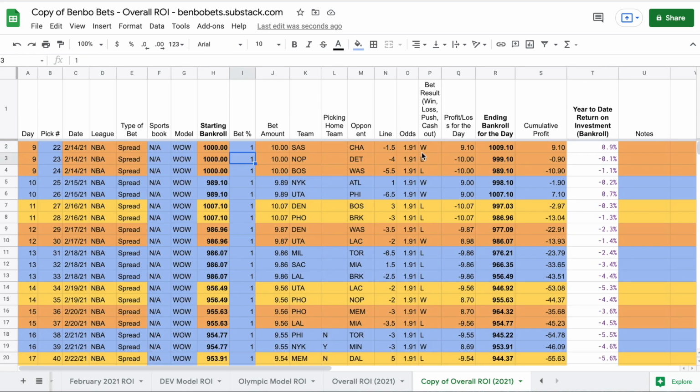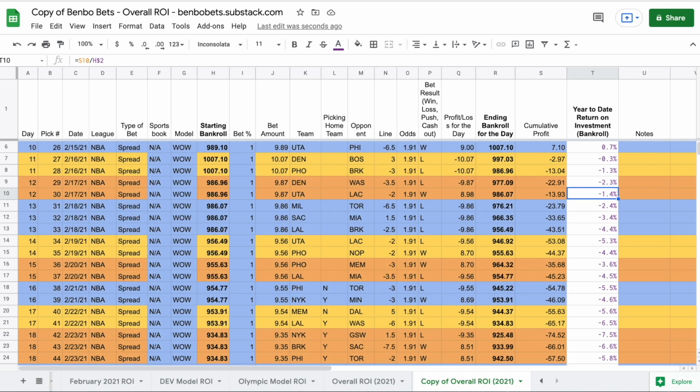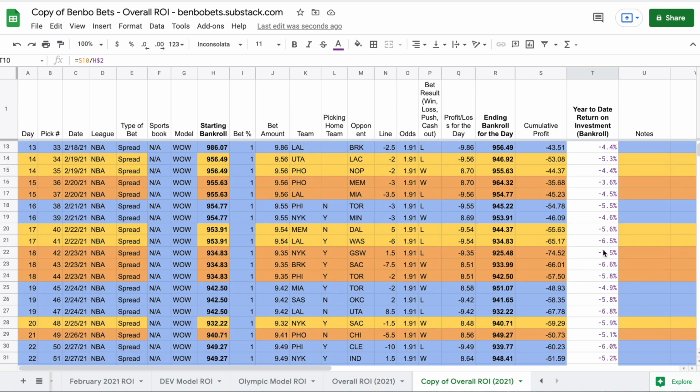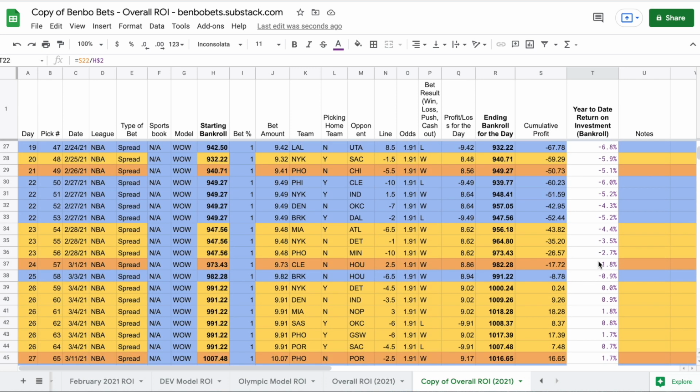And instead of starting 19 and 2, now you see from pick 22 how that adjusts the profit, the loss, and the bankroll. So now you see here we go negative very early on. In fact, from the first day, it's negative 1.1%, goes down to negative 7.5%, maybe even lower.